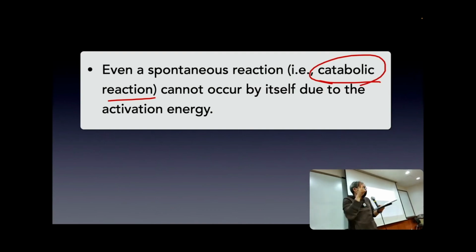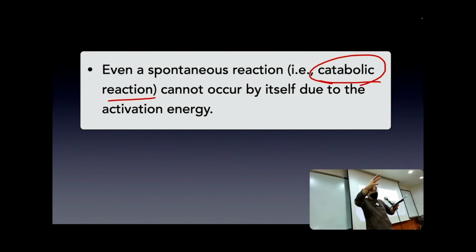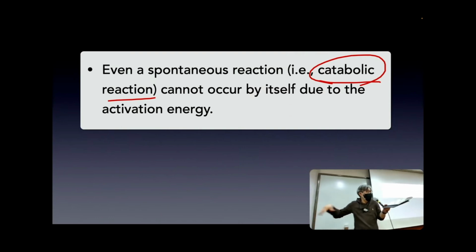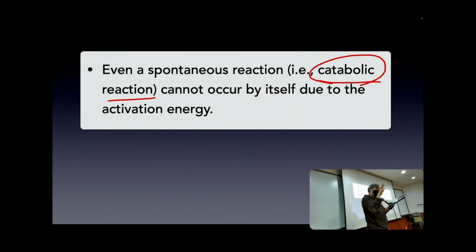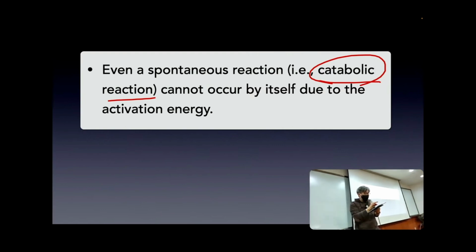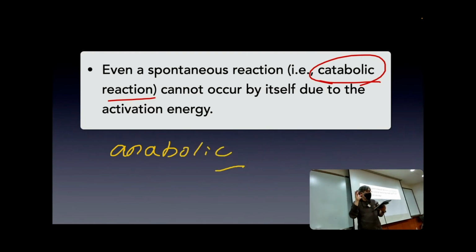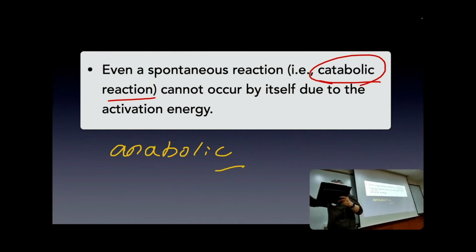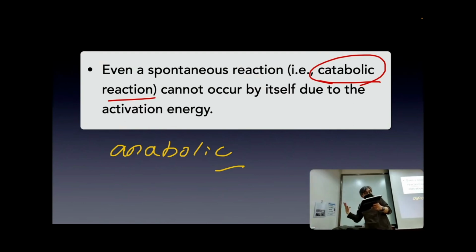There are only two different kinds of reaction. One is a catabolic reaction. Starting from a big molecule, you end up with smaller molecules, which is called a catabolic reaction. The opposite of this is an anabolic reaction. Anabolic reactions always start from smaller molecular components, and then you try to build larger, more complex molecules.